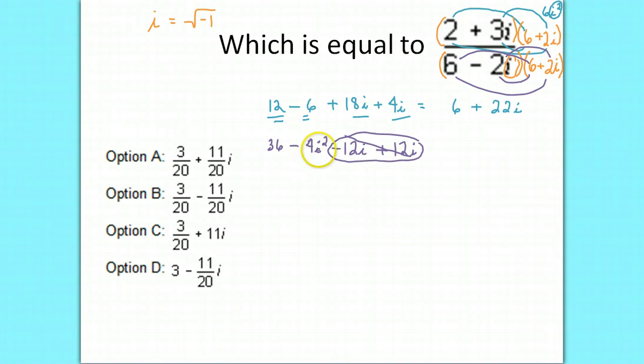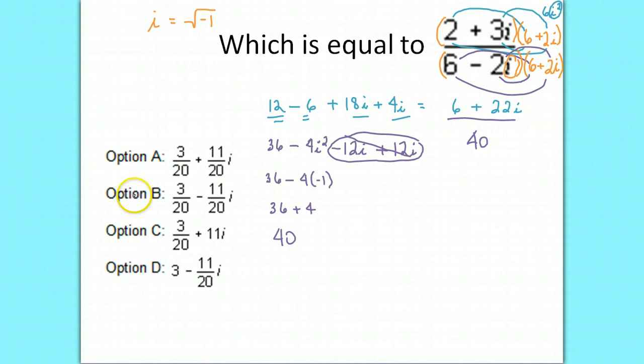Now, I know you're thinking, well, I have an i there, but remember, we can keep simplifying this, and this is going to be 4 times negative 1, right? i squared is the same thing as negative 1, so this really becomes 36 plus 4, and that's going to turn into 40. So 40 is going to be our denominator, and we got rid of our i, or our square root, our radical symbol, which is good. That was our goal. So we're going to put (6 + 22i) over 40.